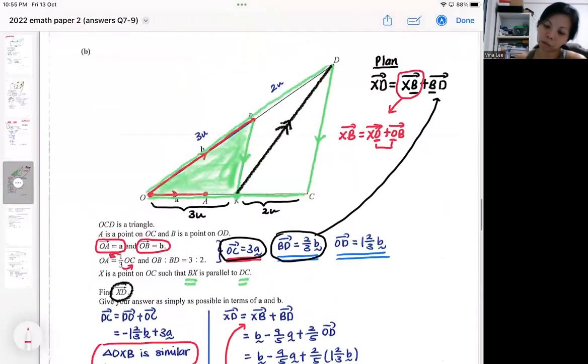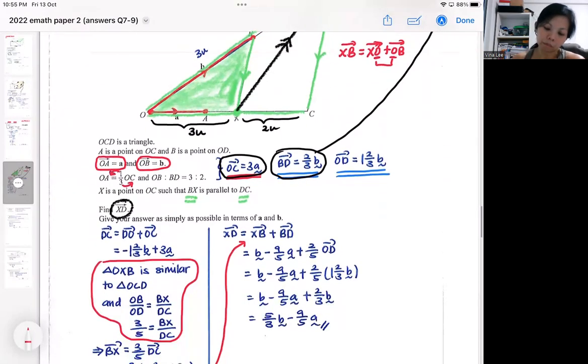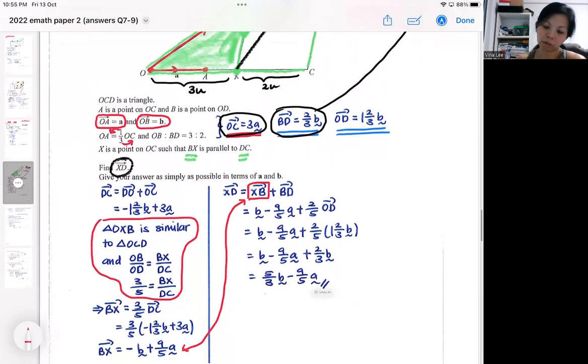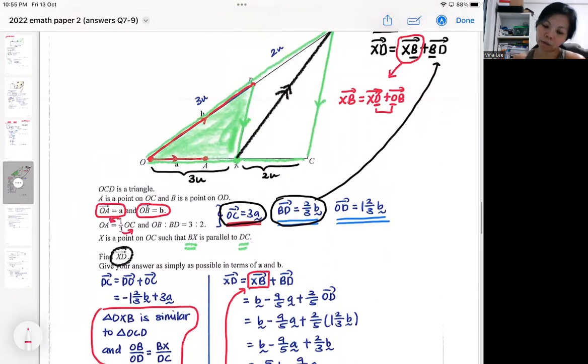Or you can do the fill in the blank, XO plus OB. That might be easier also. Then eventually, that means you do 2 layers of fill in the blank, you can get your XD. So this XB can be found by the similar triangle ratio, which is the ratio that I explained to you just now, or you can do another fill in the blank to find XB.